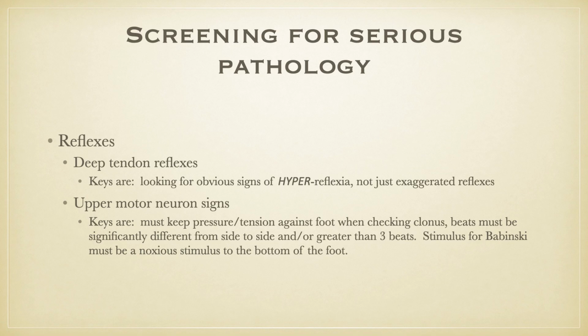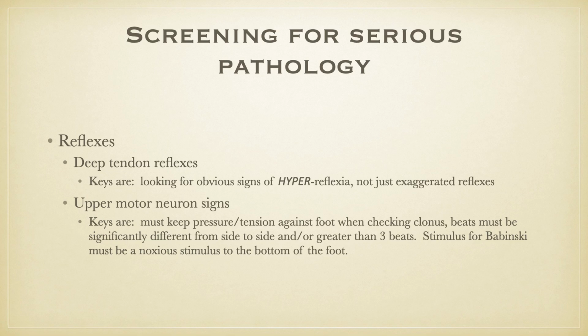Now, it's normal to have a couple of beats of their foot against yours when you're checking for clonus, but anything that is above 3 beats is no good. This classically qualifies as positive for the presence of clonus.